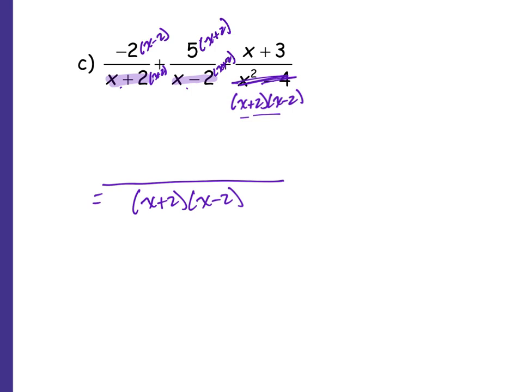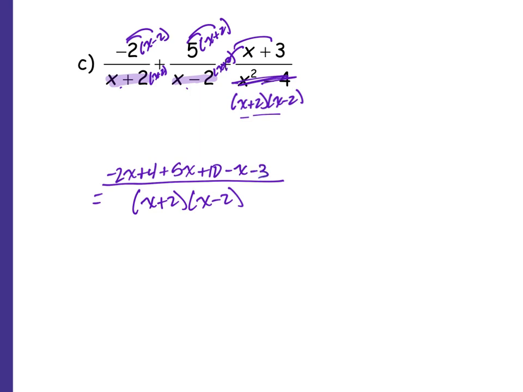So then I'm going to distribute these through. And this is a minus sign that I wrote over here, so this is a minus that I'm going to distribute through. So I've got negative 2x plus 4 plus 5x plus 10 minus x minus 3.